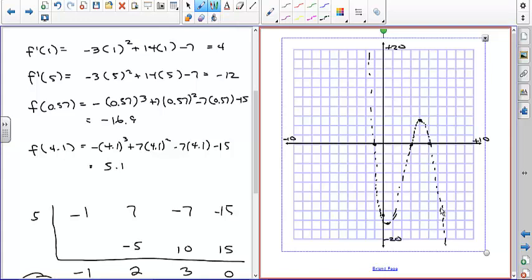So the next problem that was on your sheet is the same kind of deal. In this case, because you have a positive coefficient in front of x cubed, it's going to be going the other way. So it'll come up like this, and then go down like that, and go up like that. And I think I'm just asking you to find the local minimum and maximum for that using the first derivative test.